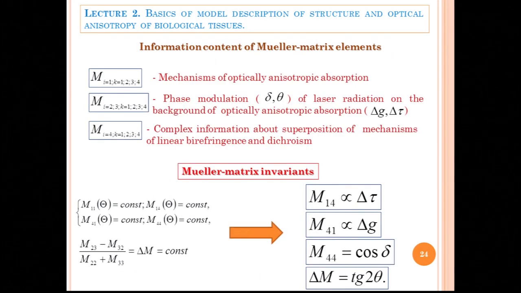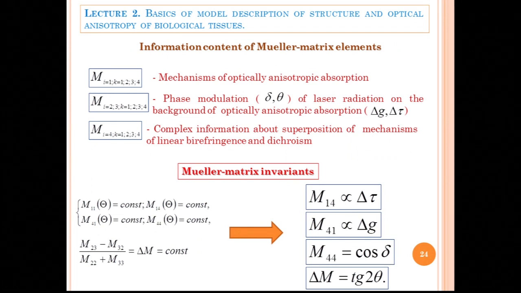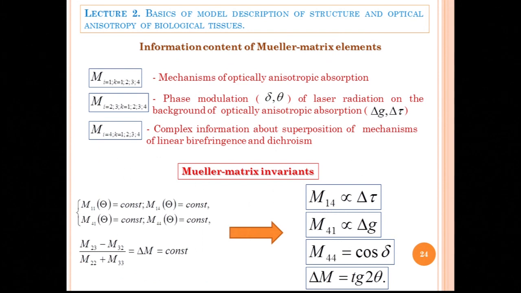But what is the information content of the Mueller matrix elements? How can we decode? We can measure this, but how can we decode all of these images in order to obtain some necessary information? So, due to the modeling and so on, this first line is connected with mechanisms of optical anisotropic absorption.